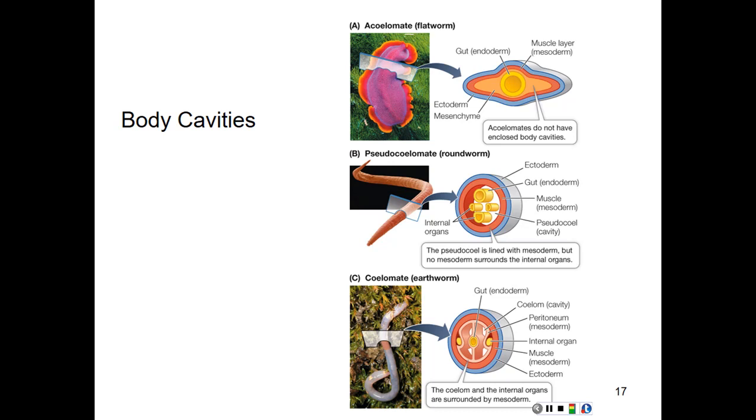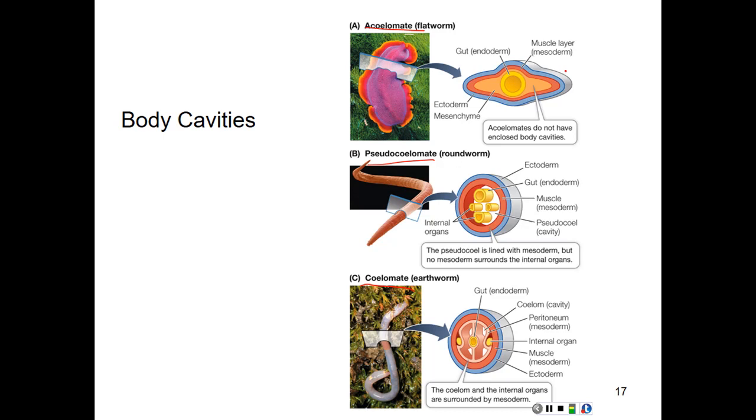This is something we find in triploblastic animals, animals that have that third tissue layer, that mesoderm. Now, there are a few different variations on body cavity. There's what we call acoelomate, pseudocoelomate, and coelomate. In an acoelomate, basically we don't have a coelom.